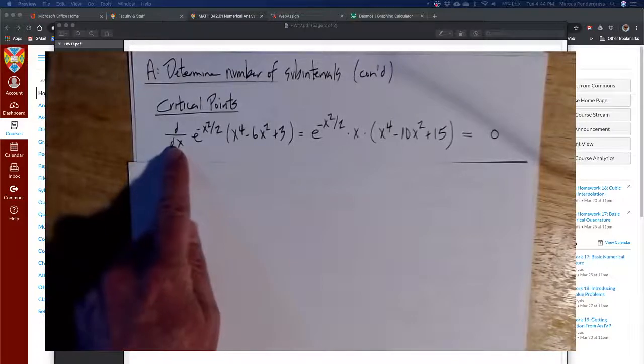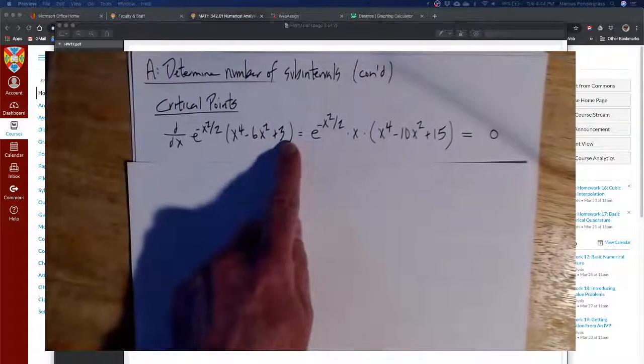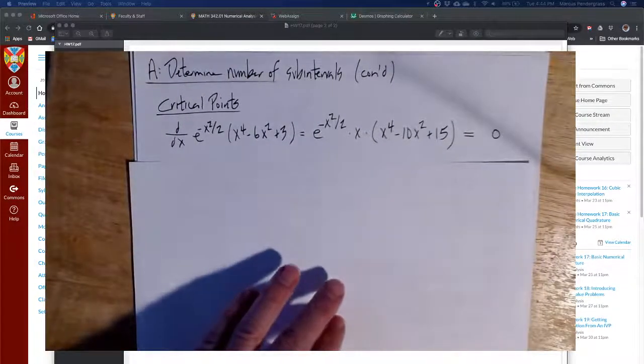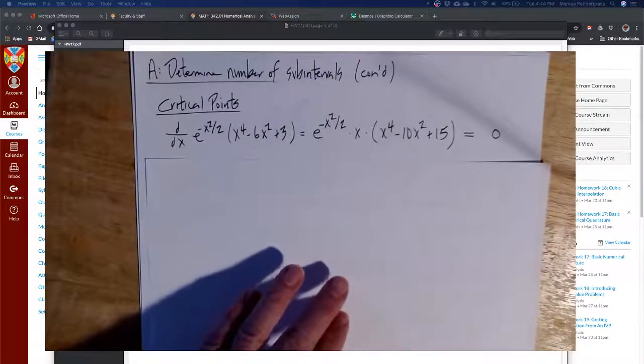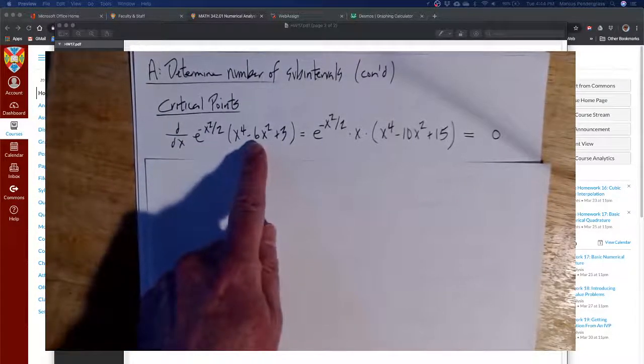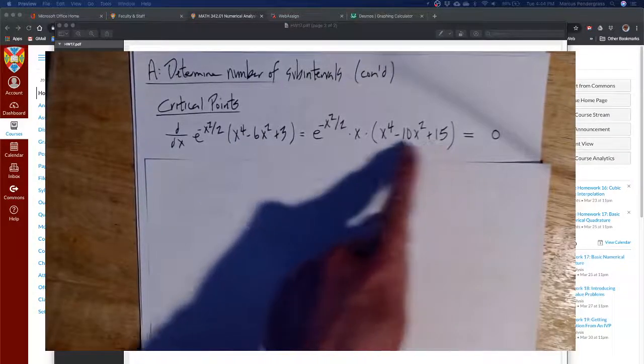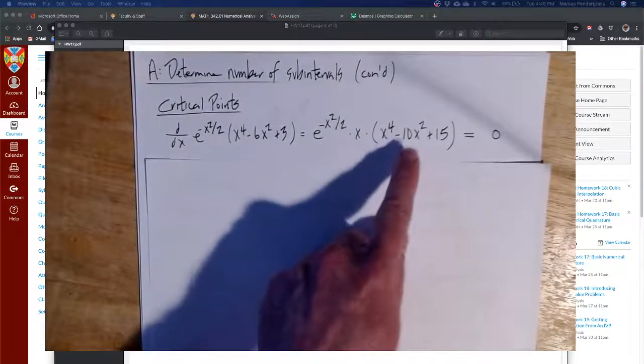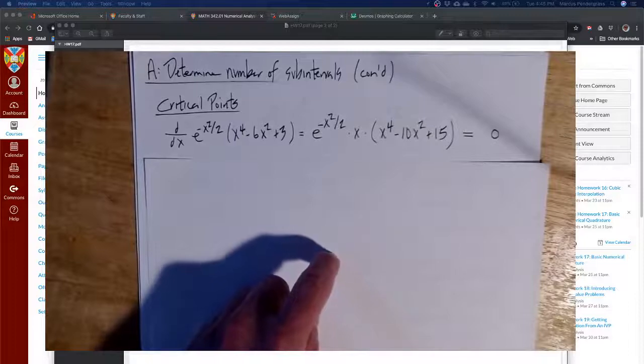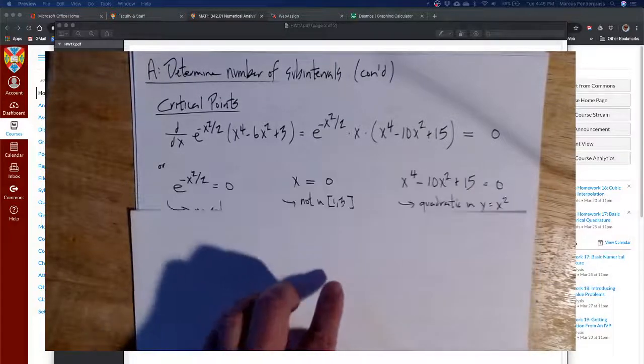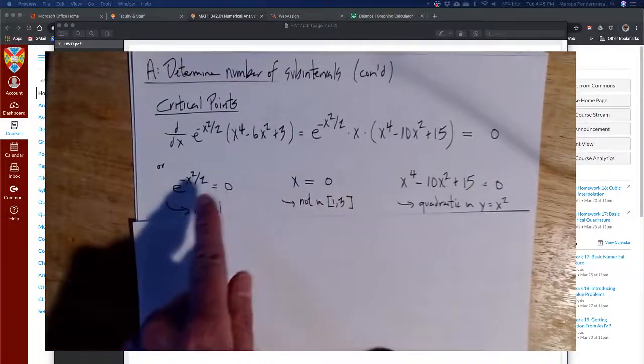That means I would look at the derivative of my function and set it equal to 0. And if you do that here, here's the derivative of my fourth derivative, which I'm computing critical points of. So I set that derivative equal to 0, and then I try to solve.